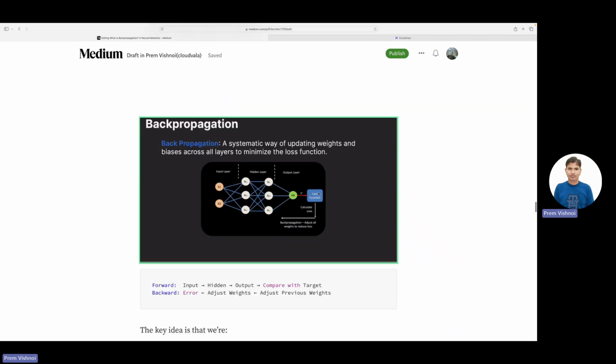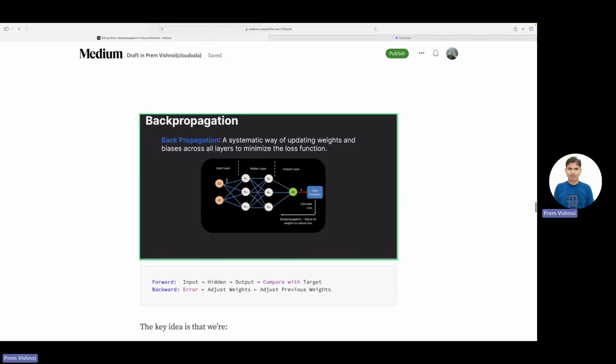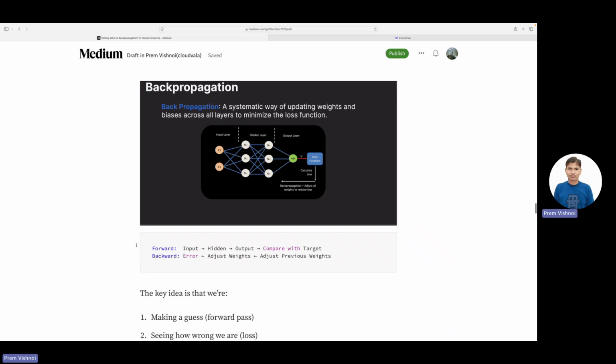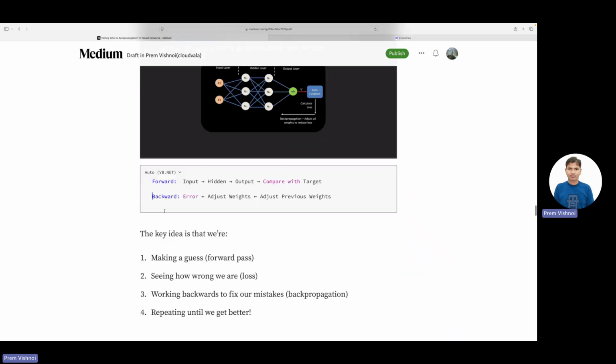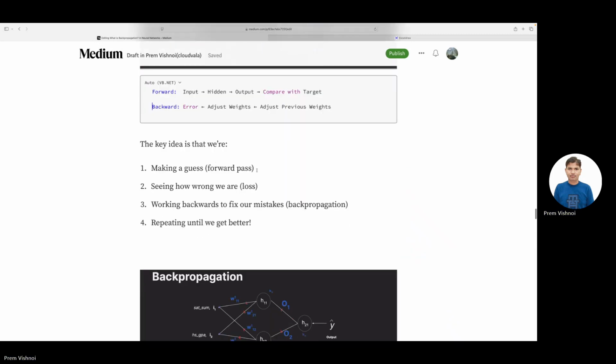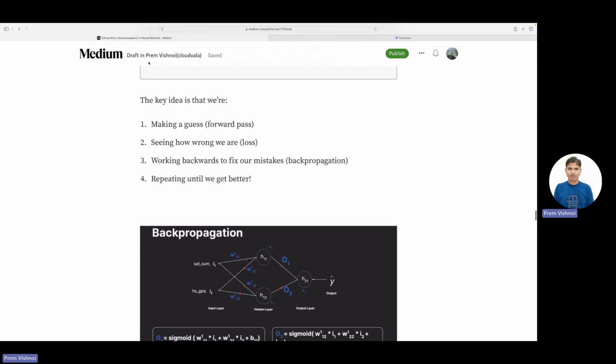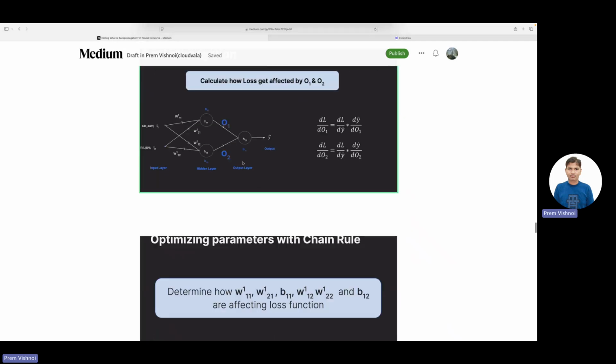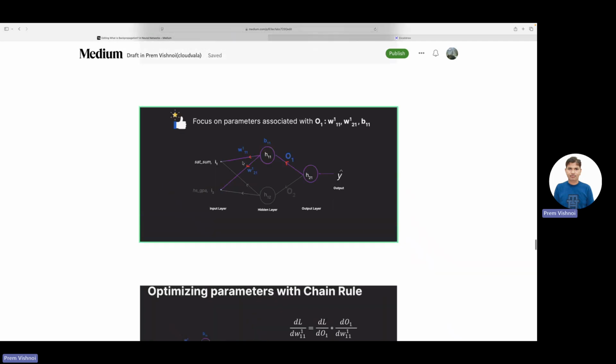This is the input layer, the next layer is called the hidden layer, then the output layer, and the loss function is here. Based on that, we update the previous values. The actual idea is making a guess forward, seeing how wrong we are through the loss, and working backward to fix mistakes. This is backward propagation, and this is how I did it.